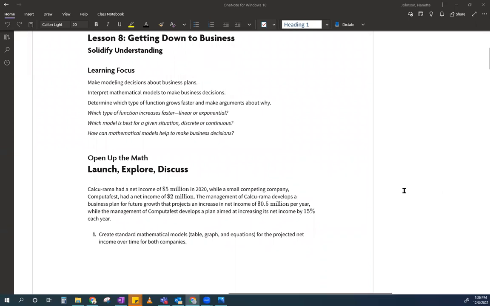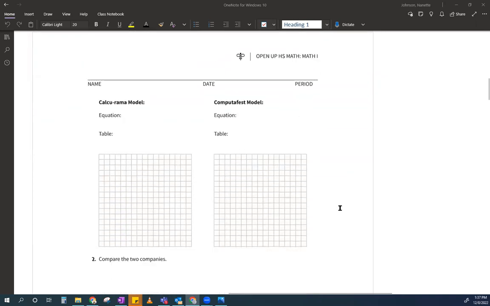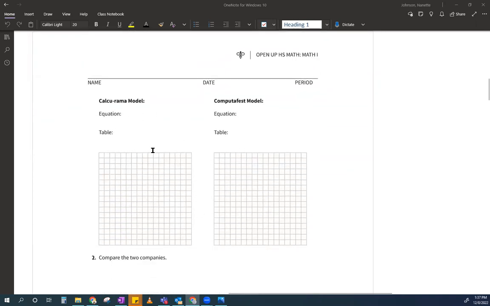Okay, so when you're coming up with these mathematical models, tables, graphs, equations, whatever the case might be, you're always going to use the information that they gave you. So the very first thing that we want to do is create information for both of these, so then we can compare both of them.